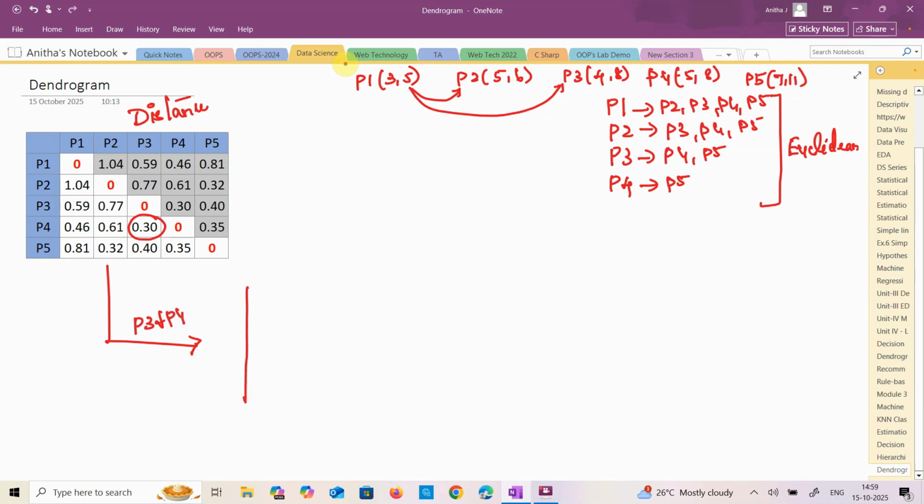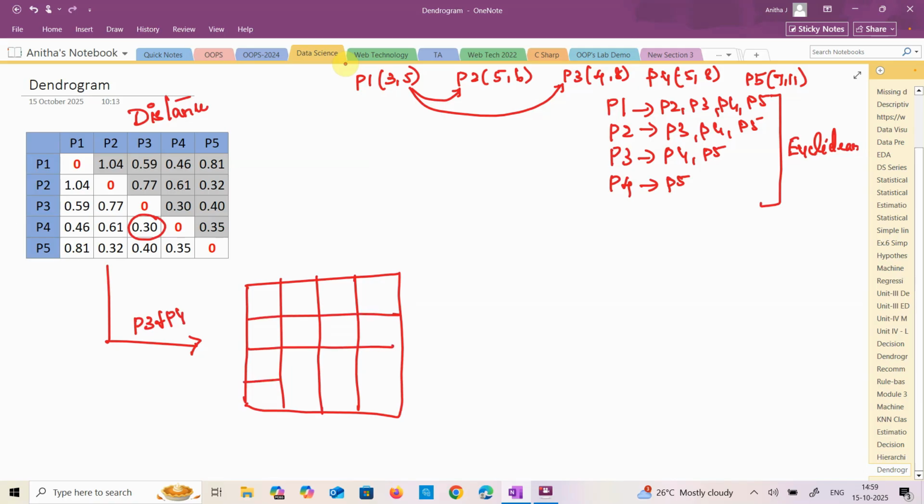So construct a 4 by 4 matrix: P1, P2, P3 and P4 merged together, and then P5, similarly along the columns. First fill in the diagonal.